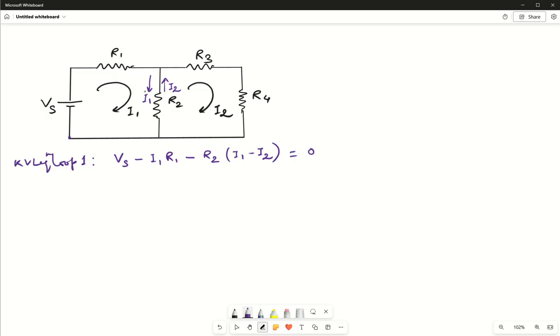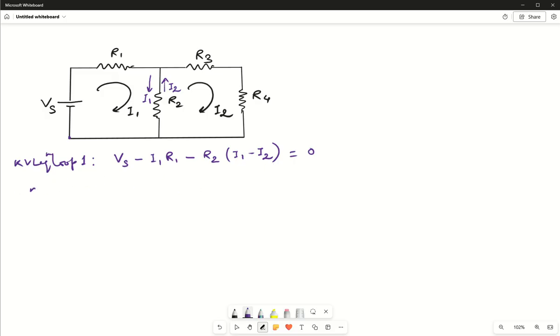Whenever there is a resistance between two loops, for the current we have to consider both loop currents. So for loop 1, we have current I1 in the clockwise direction and current I2 in the reverse direction. Do not worry about clockwise or anti-clockwise; just see that I1 is moving down and I2 is moving up, so they are in opposite directions, and we write I1 minus I2.